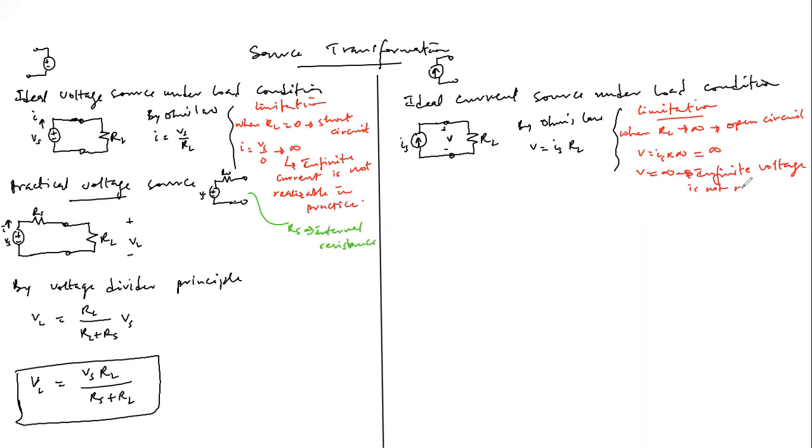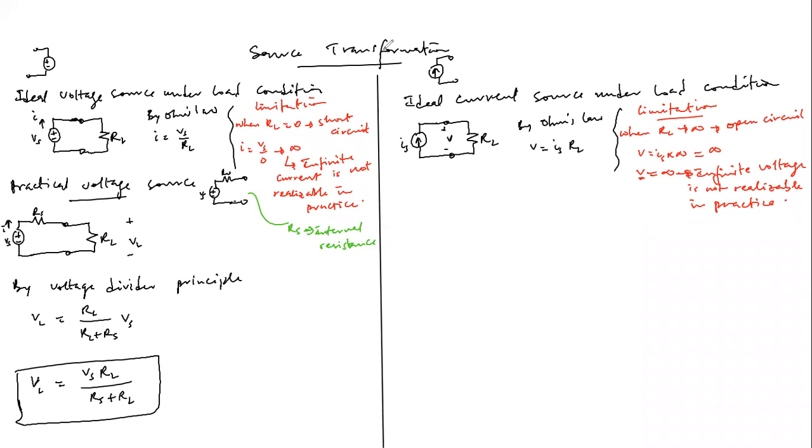So we want to limit this infinite voltage value. And to do that, we connect a resistor in parallel with the current source. Then we're going to have something like this.